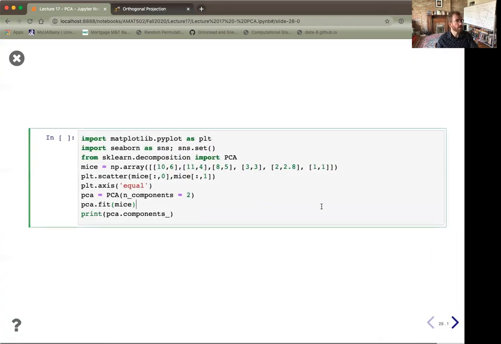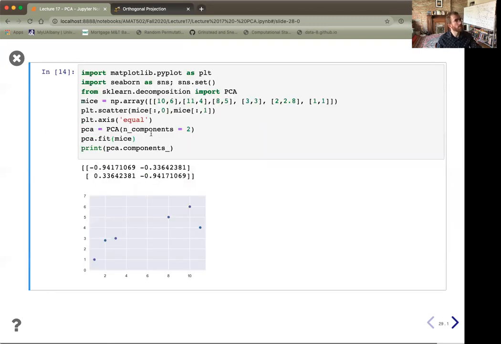All right, so returning to our mice example. Here I take a NumPy array with all the entries I want, and I just did a scatter plot of that. There are some options I can activate, but the PCA method lives inside of scikit-learn dot decomposition as PCA.